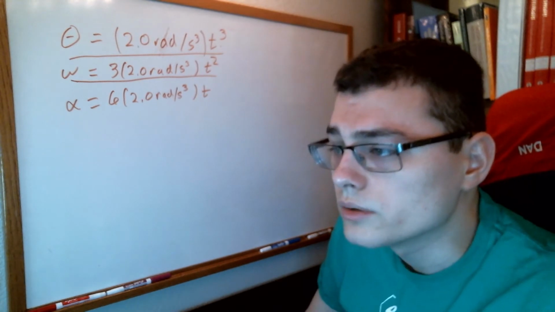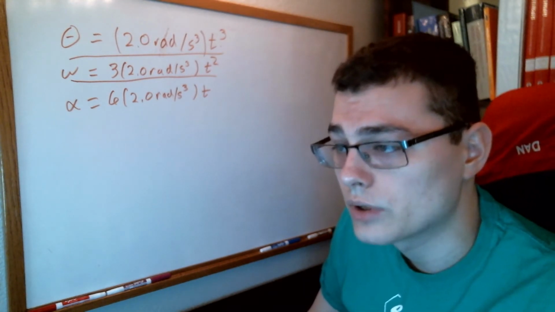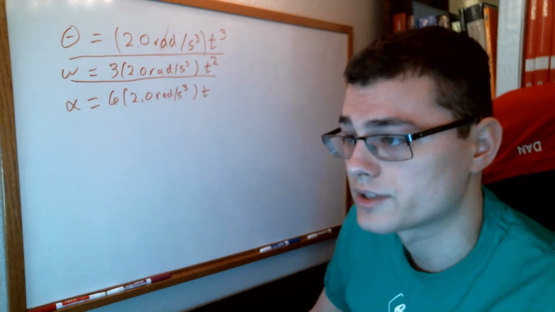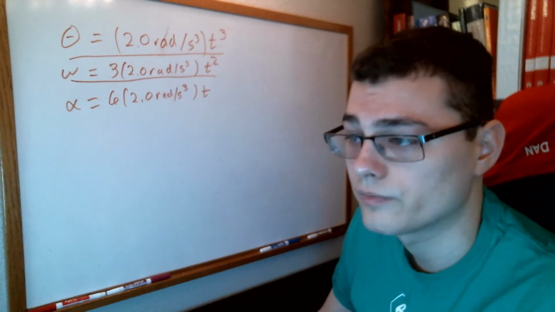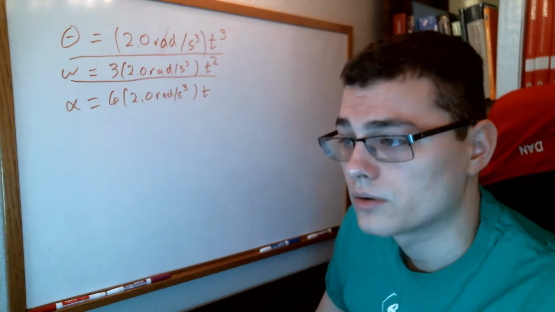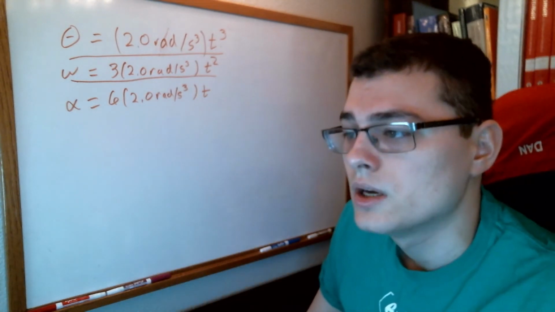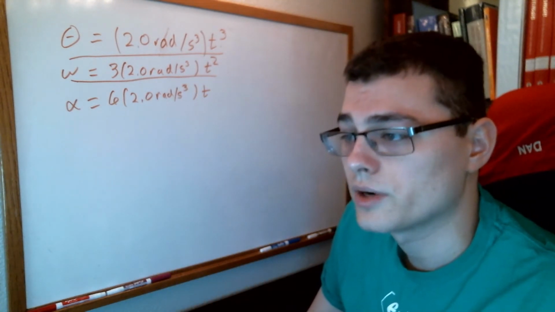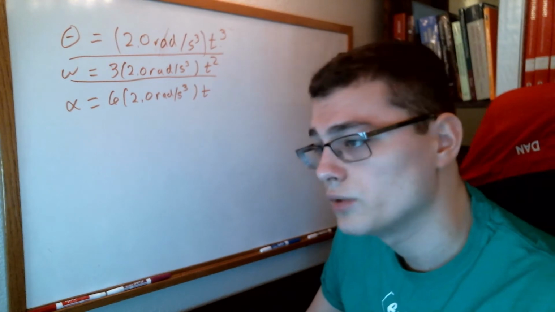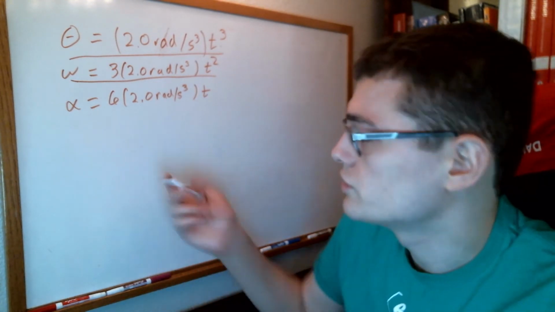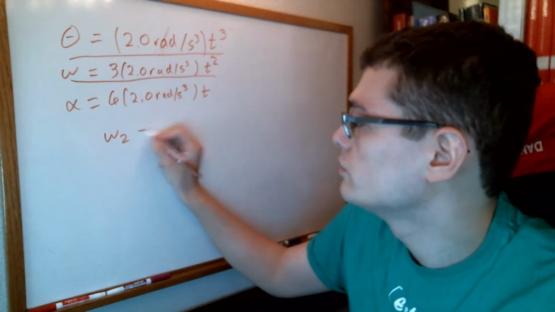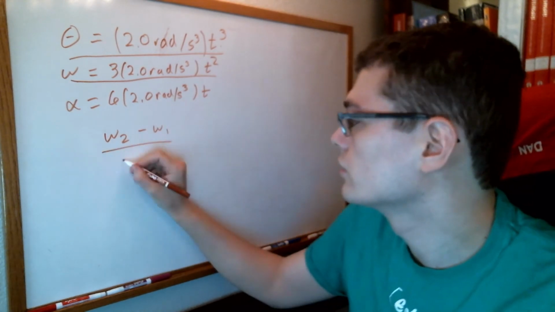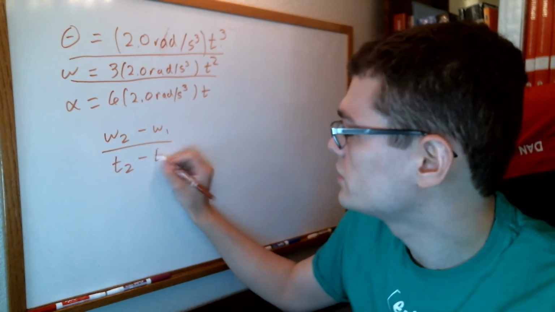Okay, so next up we have calculating angular acceleration. It's using the flywheel of example 9.1, so we've already taken the derivatives here. We find the average angular acceleration between t1 and t2. In this case, you just use the formula omega2 minus omega1 over t2 minus t1.